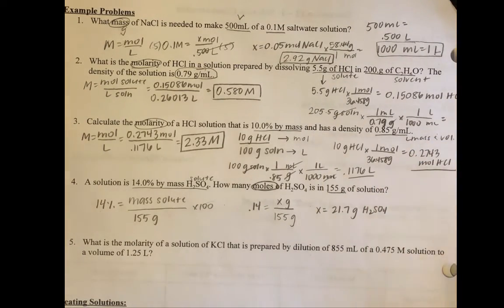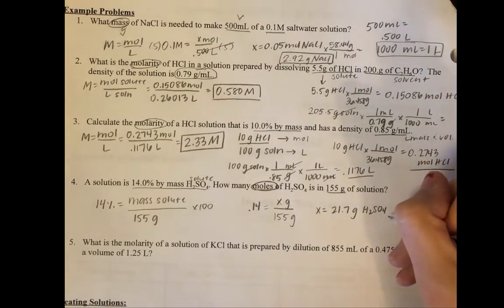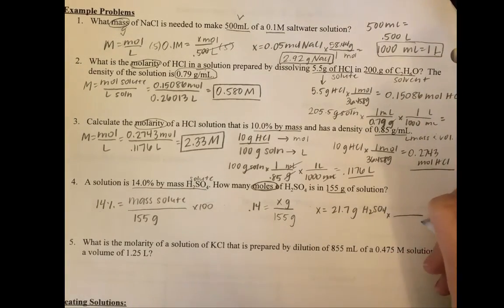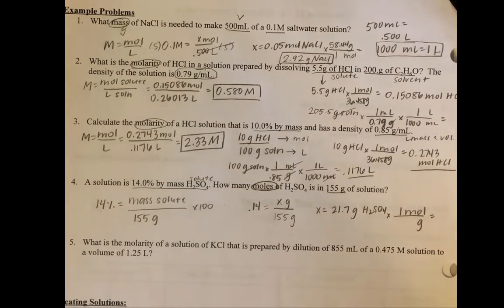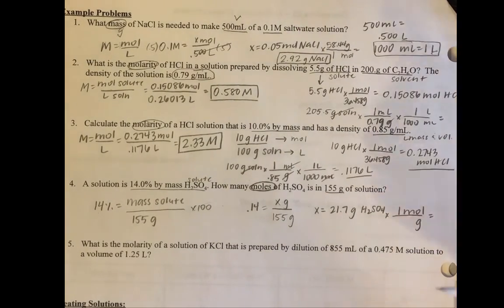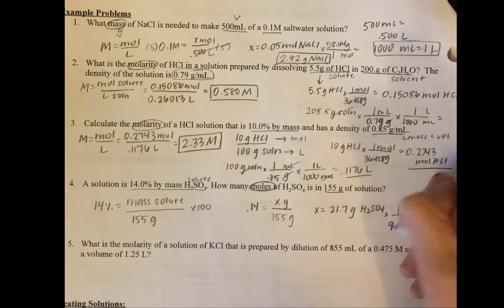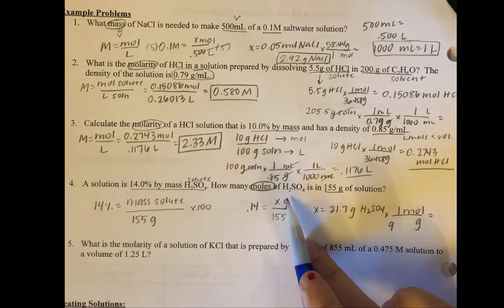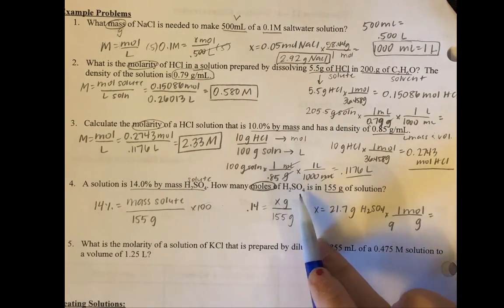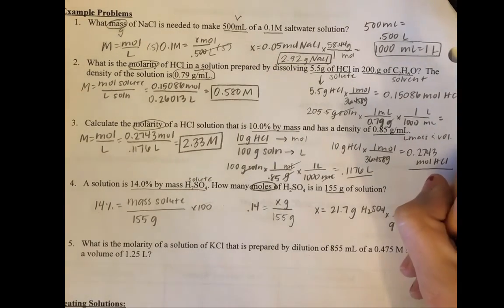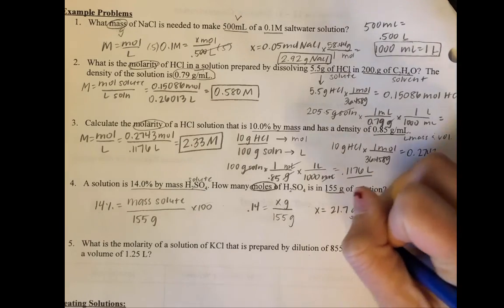Now the problem isn't asking me for mass, it's asking me for moles. So I need one more step. I need to go from grams to moles. Now, how do we go grams to moles? We use the molar mass. So calculate the molar mass of H2SO4. So you have 2 times the mass of H plus 1 S plus 4 times the mass of O. It's 98.086 grams.